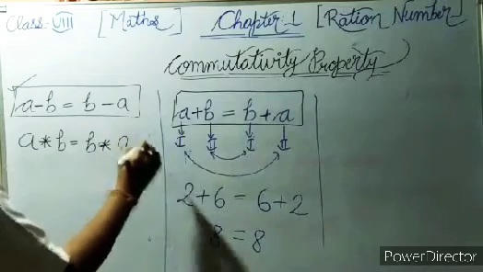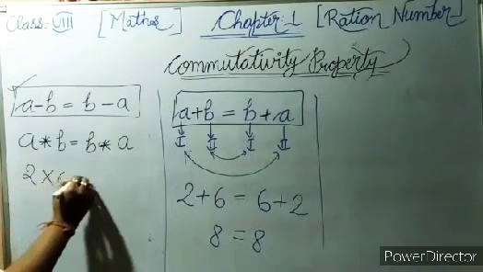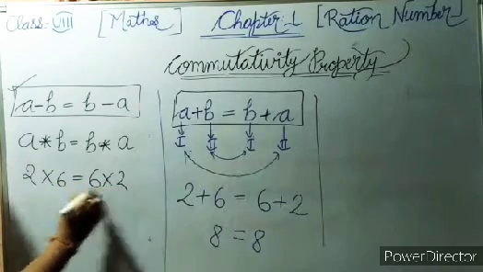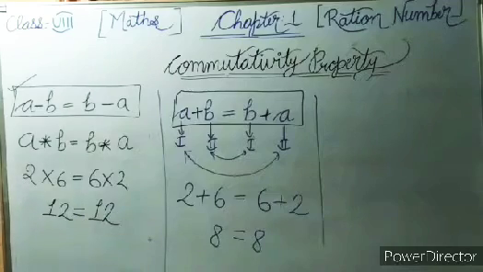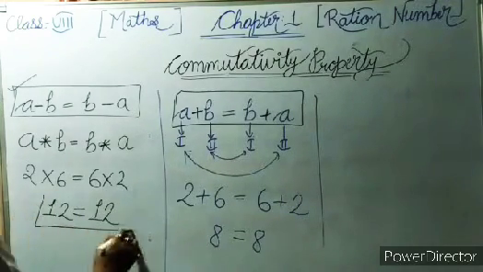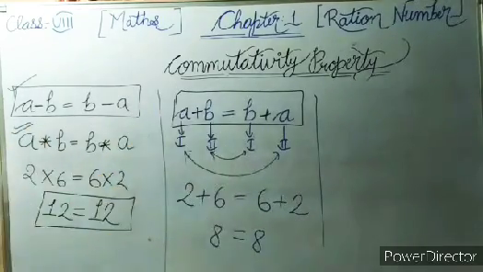Normally, if we multiply 2 times 6 and 6 times 2, we get the same number. 6 twos are 12 and 2 sixes are also 12. So if we multiply both numbers, it easily follows the commutative property.